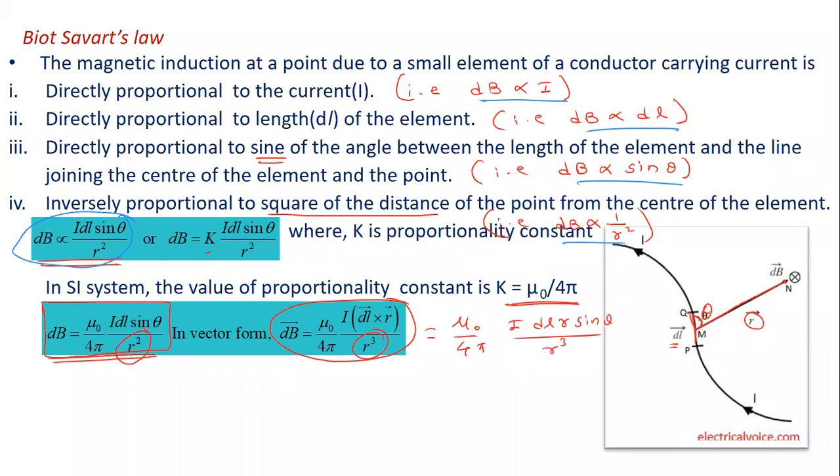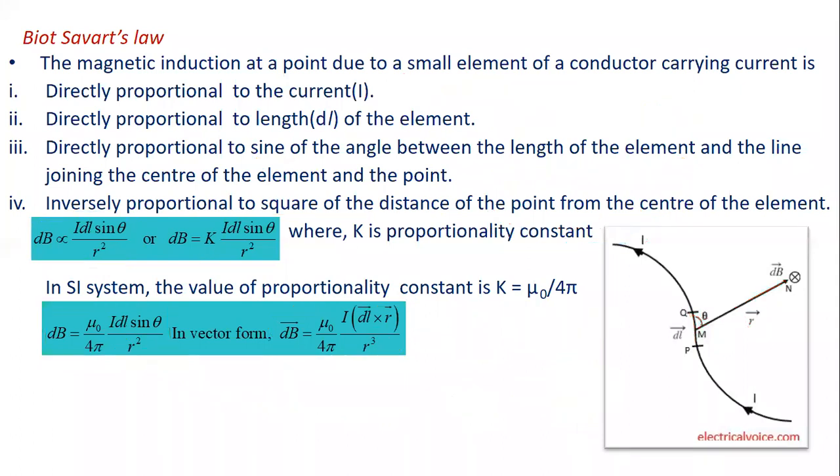From r cube, one r gets cancelled, so it is r square. So we get the formula mu 0 upon 4 pi I into dl into sine theta divided by r square. The same formula we get here. So remember, the vector form is a little different.